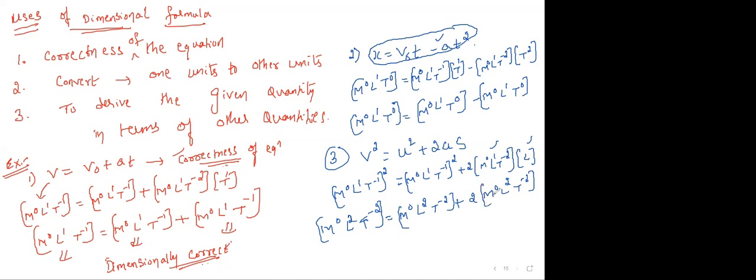So the dimension of each term is the same. If the dimension of each term is the same, then you can say that it is dimensionally correct. So the given equation is dimensionally correct. So this is the first application of dimensional analysis.